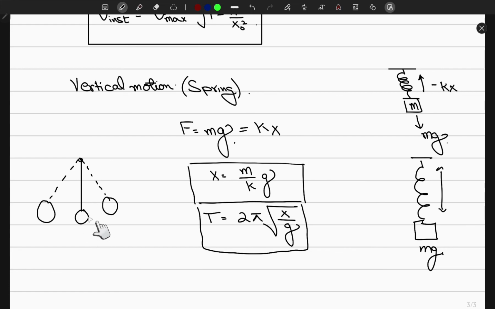In one oscillation, it's released from here, so it goes to this point. Remember, amplitude was defined as the distance from its mean position to its highest position. So that's the amplitude. When it comes back to this point, here also it would be a, the amplitude. So the total distance from going from here to here is 2a, which is half of an oscillation.